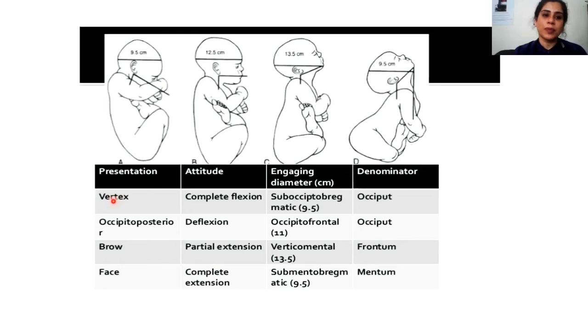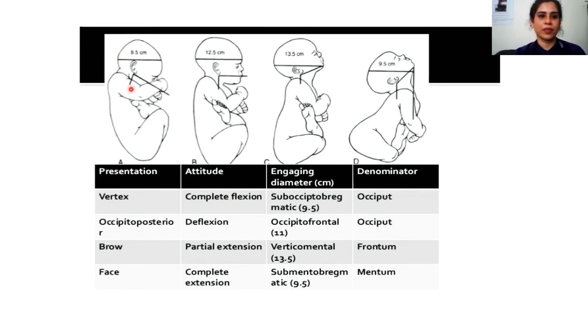If the presentation is vertex, the attitude is that of complete flexion. Here the neck is flexed, and this makes the engaging diameter suboccipito-bregmatic, which is 9.5 centimeters, and the denominator is the occiput.